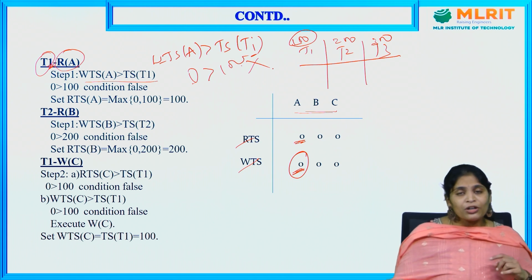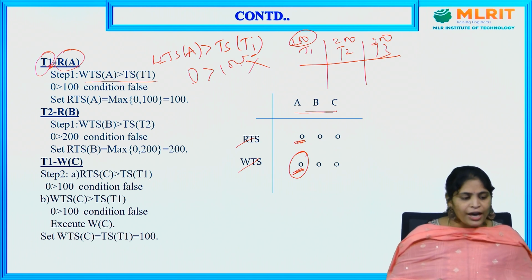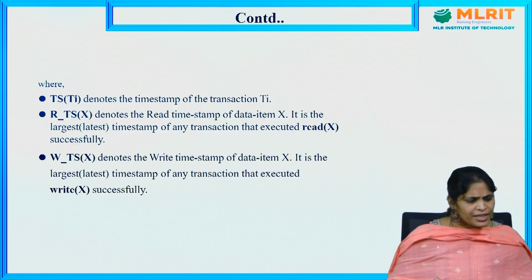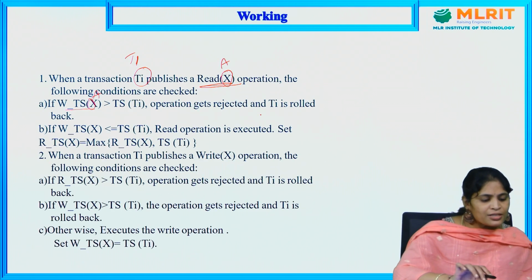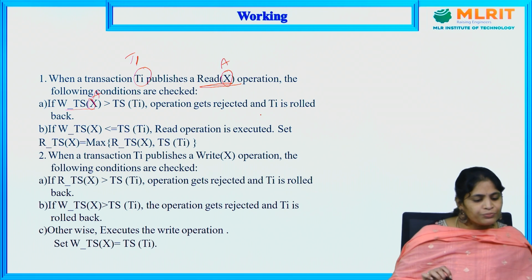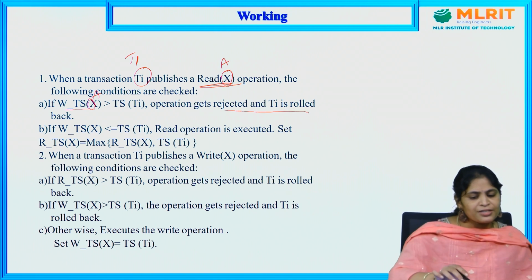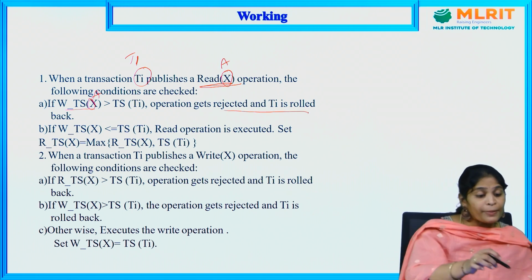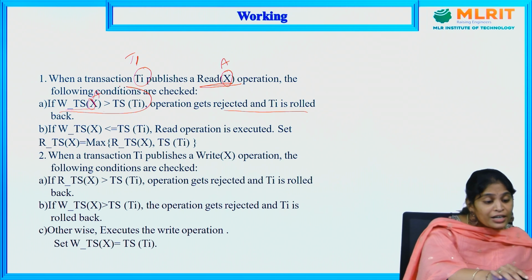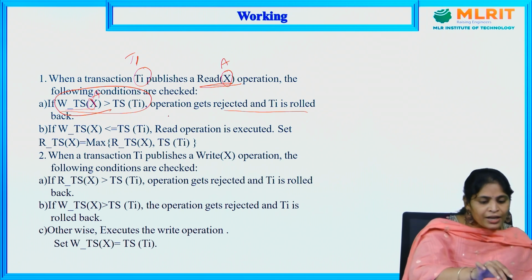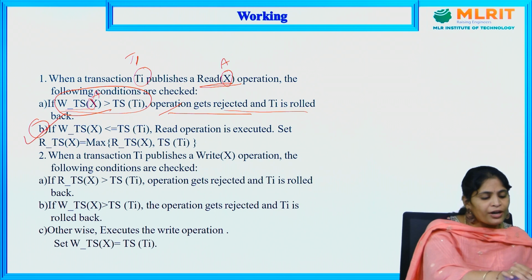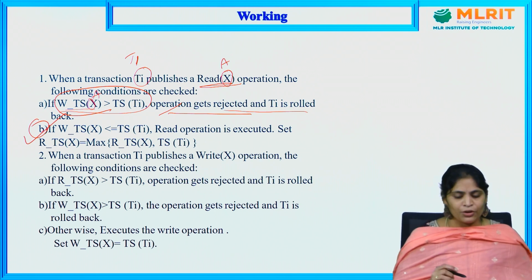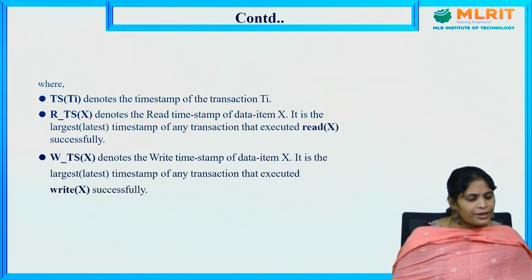So if it is false, then what do we have to do? The operation gets rejected and Ti is rolled back only if this condition is true. If it is false, then we go for the second step, the else part.